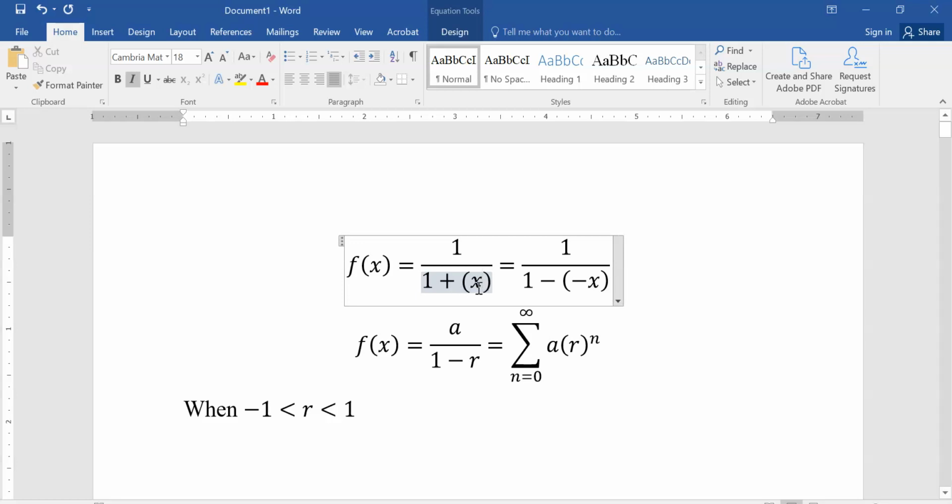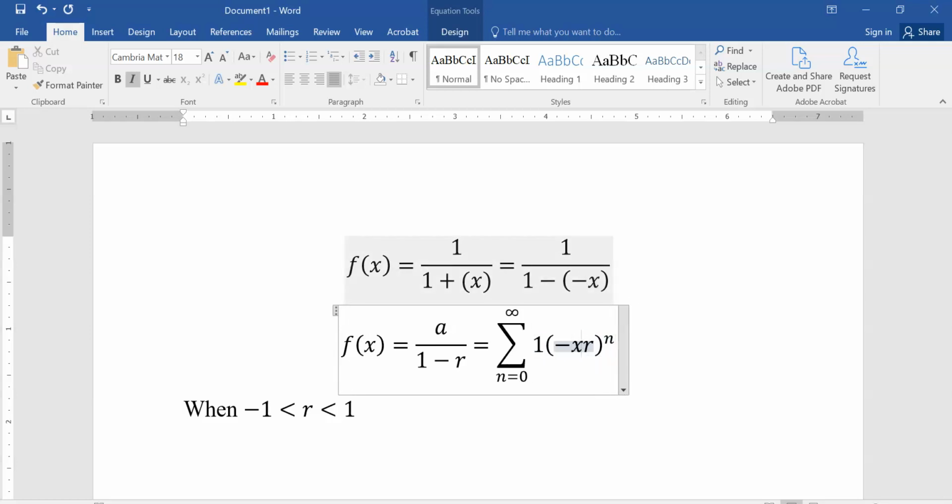All we have to do is change this plus to a minus. The easy way to do that is to take minus a negative. So a plus is minusing a negative. And so now we have our function, which looks like a over 1 minus r. And in our case, the a happens to be a 1, and the r happens to be a negative x.